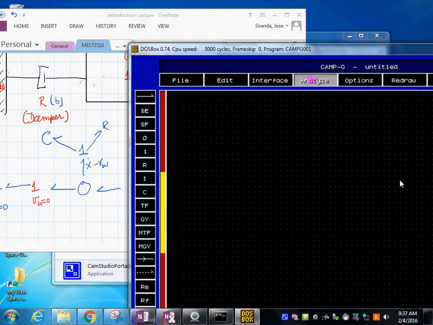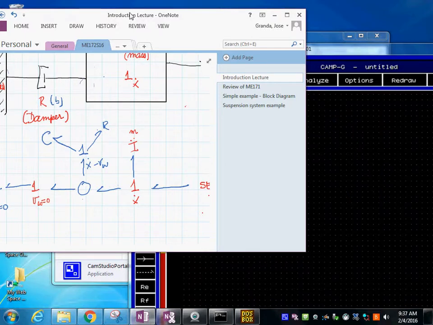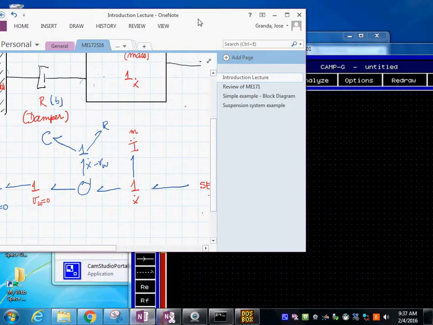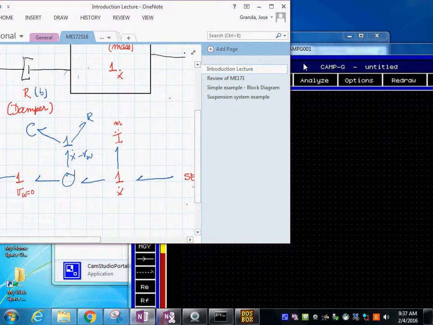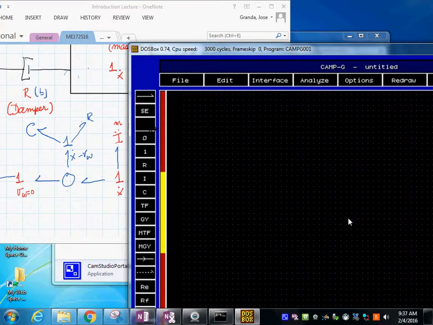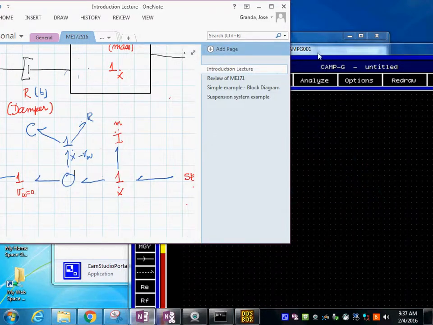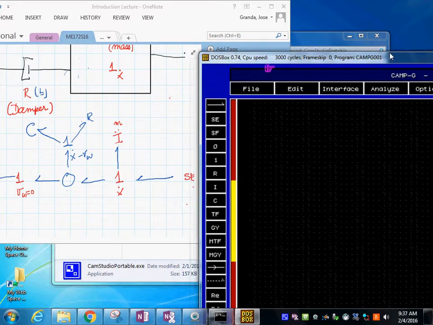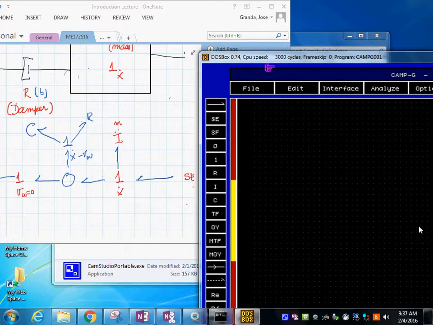See here, let me just move up a little bit, move this one up and the other one has to be down. There we go. We have plenty of space in there.